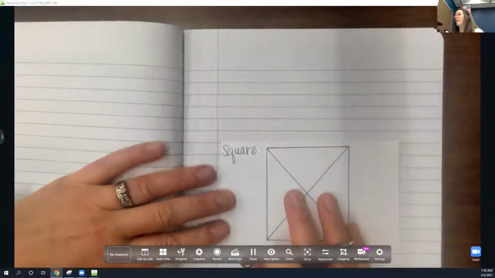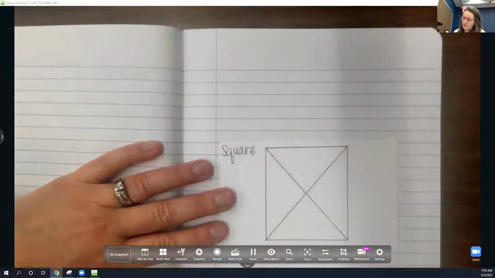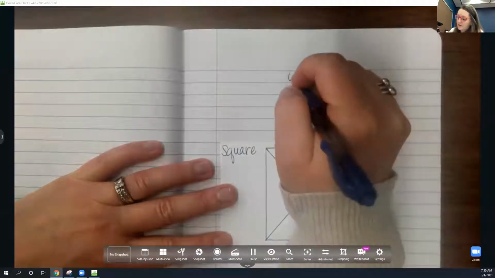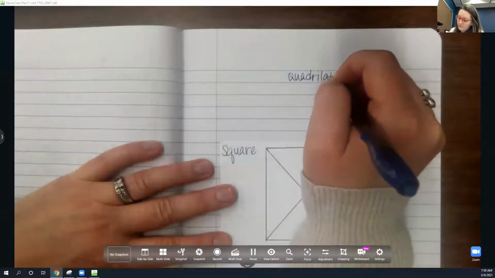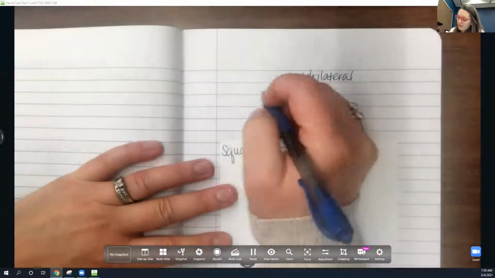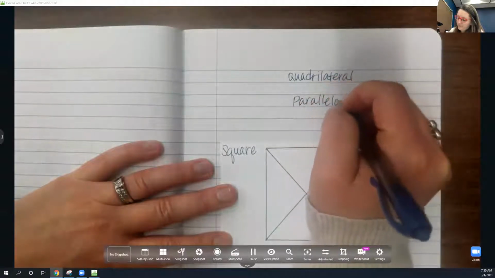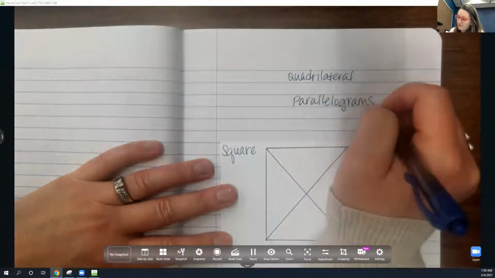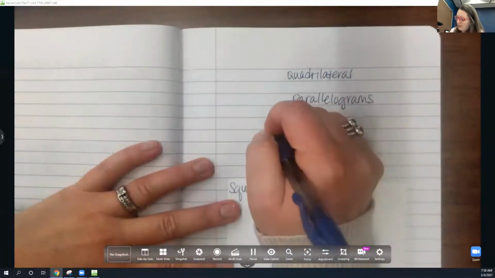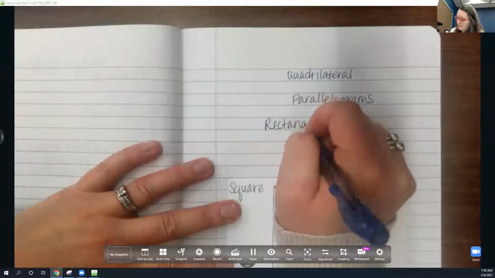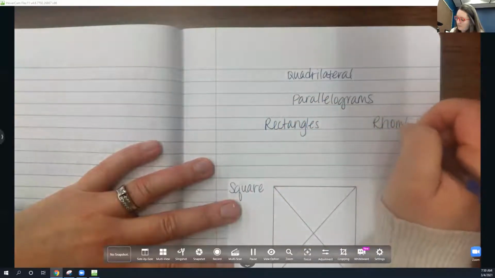So squares are at the bottom of our quadrilateral family tree, and I want to show you what our quadrilateral family tree is. So we have a quadrilateral, and then we talked about our parallelograms, right? And those 5 properties. And then we talked about rectangles, and we just talked about rhombi.